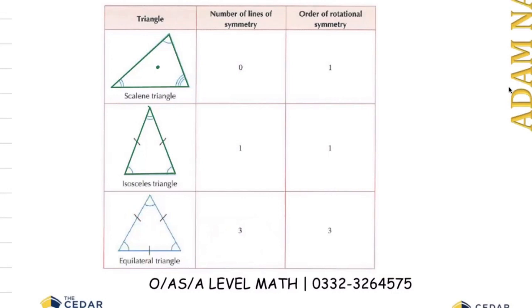And to figure out the rotational symmetry, you are going to check how many times I need to rotate it in 360 so that it gives you the same shape.